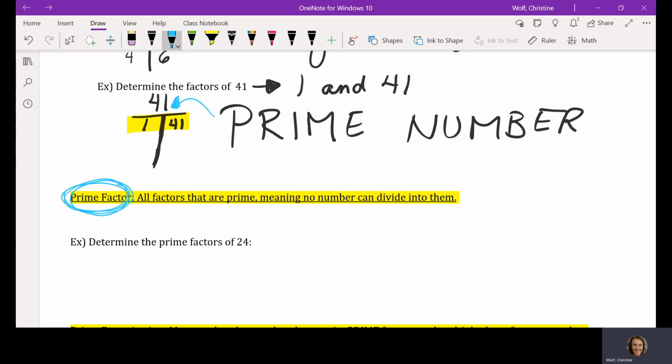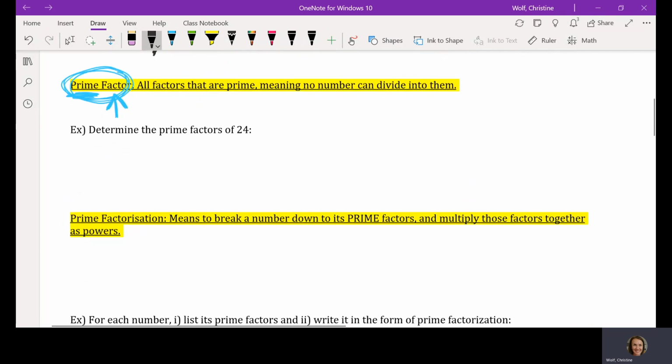Okay, prime factors means I want you to find all of the factors first. So like for 24, there was a lot of them. And then once you find those factors, tell me which of them are prime. So I'm going to give you an example of that. Determine the prime factors of 24. So I'm using 24 again because we've already done all of that work. We know for 24, there was 1, 2, 3, 4, 6, 8, 12, and 24.